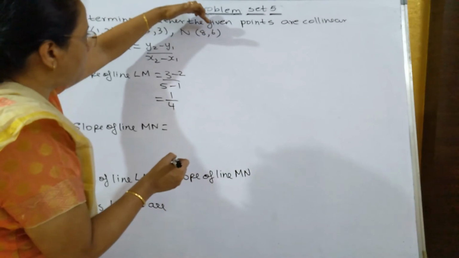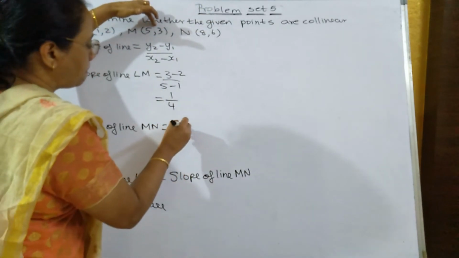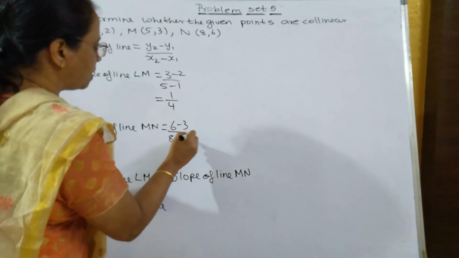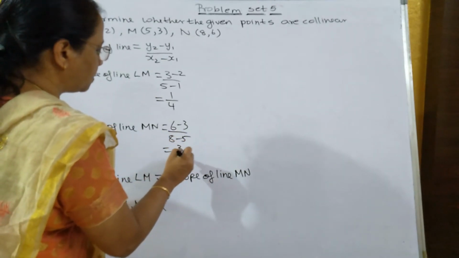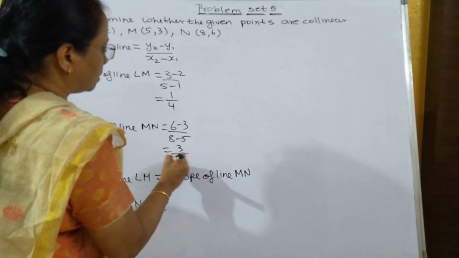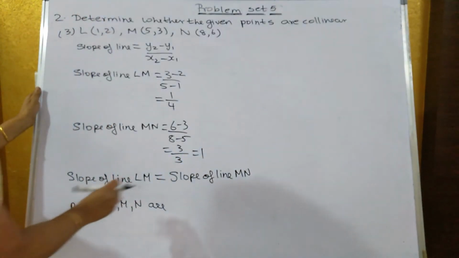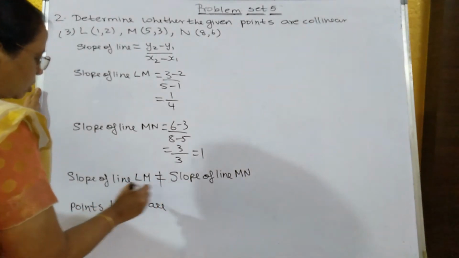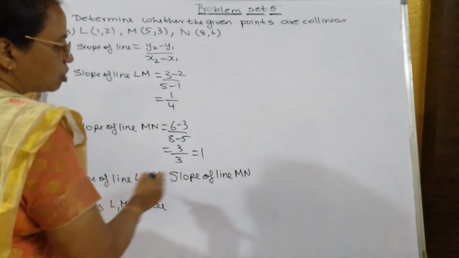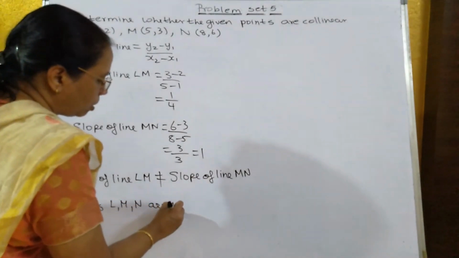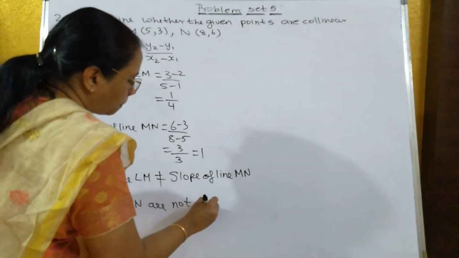Now for MN: 6 minus 3 upon 8 minus 5, that is 3 upon 3, which is equal to 1. So both are not equal. So slope of line LM is not equal to slope of line MN. Therefore points L, M, N are not collinear.